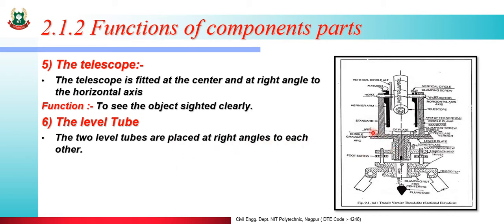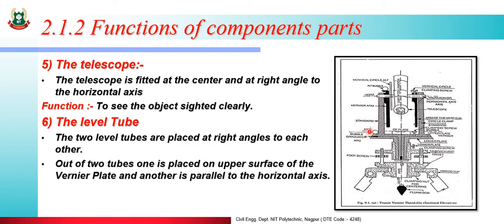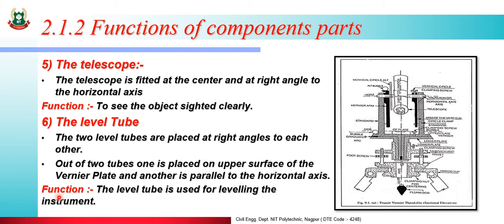One is on the horizontal circle and one is on the vertical circle. The vertical circle bubble tube is known as altitude bubble tube. Of the two tubes, one is placed on the upper surface of the vernier plate and another is parallel to the horizontal axis. Function: the level tube is used for leveling the instrument.